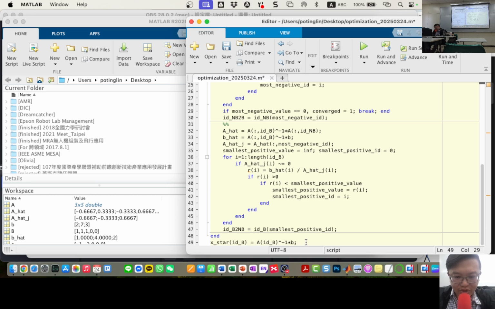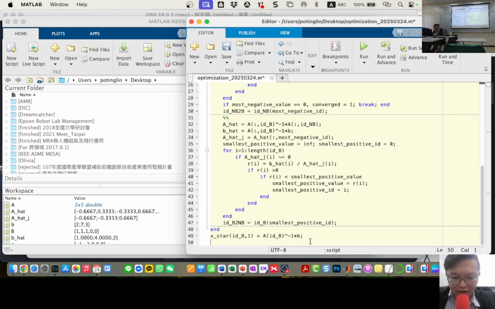But IDB is at the end, X is going to be a vertical vector. So I need this to be column 1, yeah, like this. So it's a vertical vector. And for the X star, the optimal, ID non-basic and 1 equals to 0.